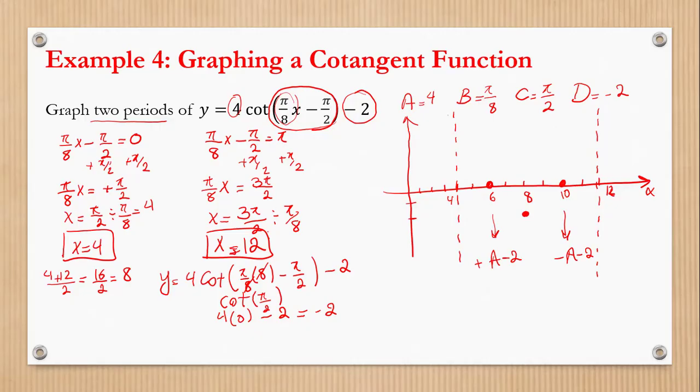What is positive 4 minus 2? Which is 2. What is negative 4 minus 2? Which is negative 6. So don't forget, if you have vertical shift, you need to consider the vertical shift by adding and subtracting a. And negative 6, let me just erase this part.